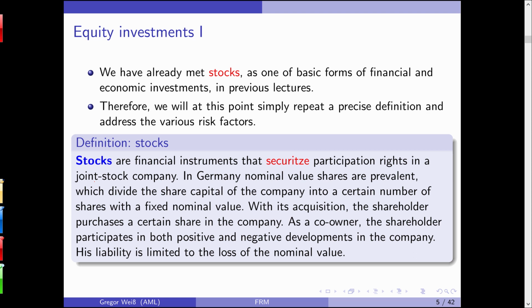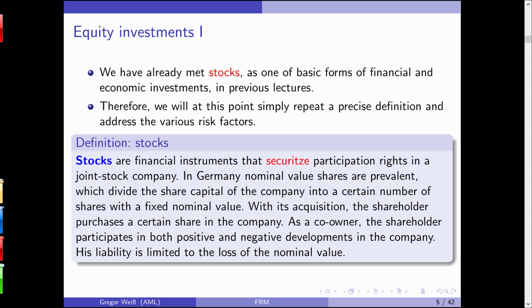Now, stocks, as you are all pretty aware of, I believe, are financial instruments that securitize participation rights in a joint stock company. In Germany, we have nominal value shares, Nennwertaktien. They divide the share capital of the company into a certain number of shares with a fixed notional value.